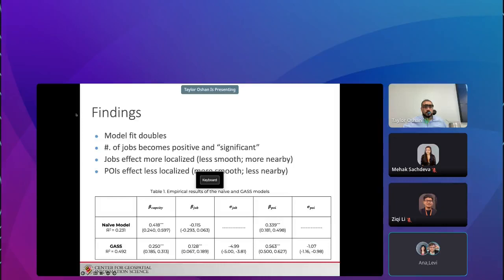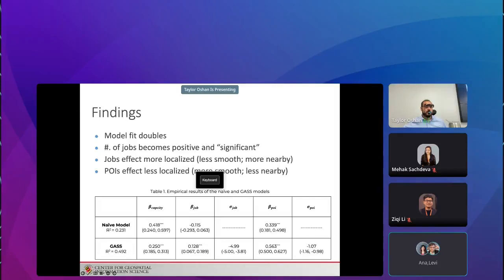So just to summarize the findings, I've got the table there, but the synopsis is that the model fit doubles when we do that. We get that the number of jobs becomes positive and significant, when in the naive approach, it was actually a negative and insignificant relationship. The job effect is more localized, and that's because it has the more negative hyperparameter that goes with it.